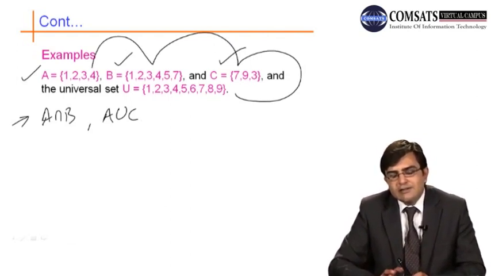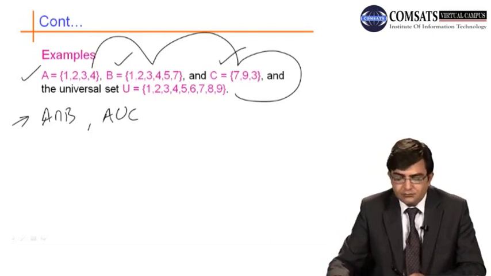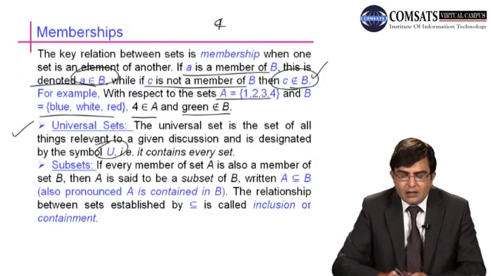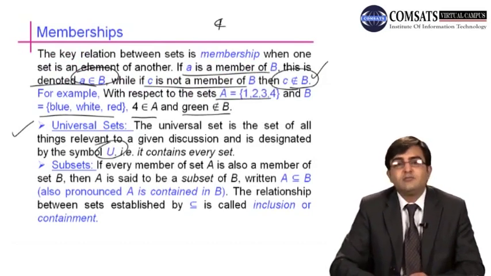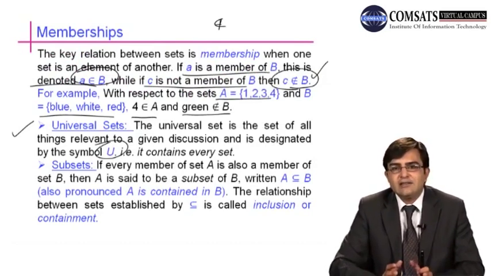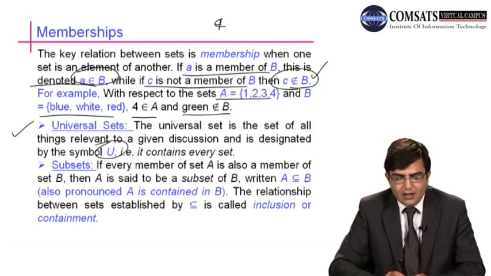So a universal set is a set which contains all the sets under discussion or under the manipulation of sets. Such a type of set is called universal set.